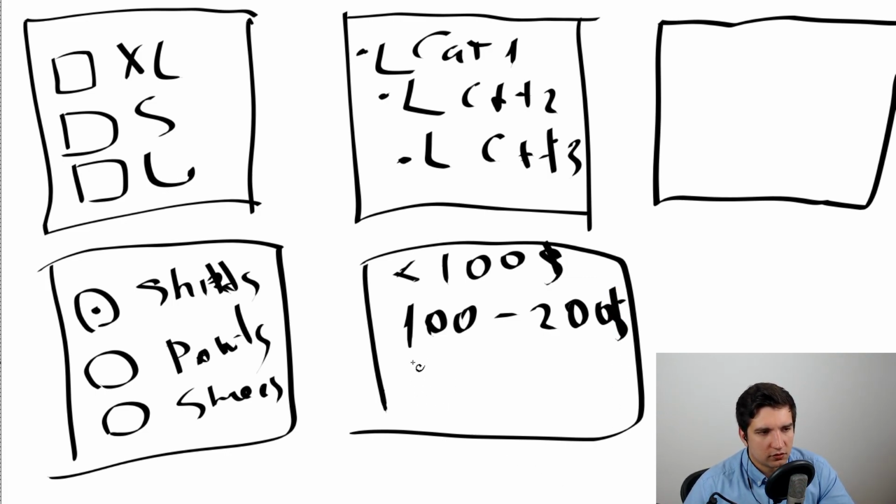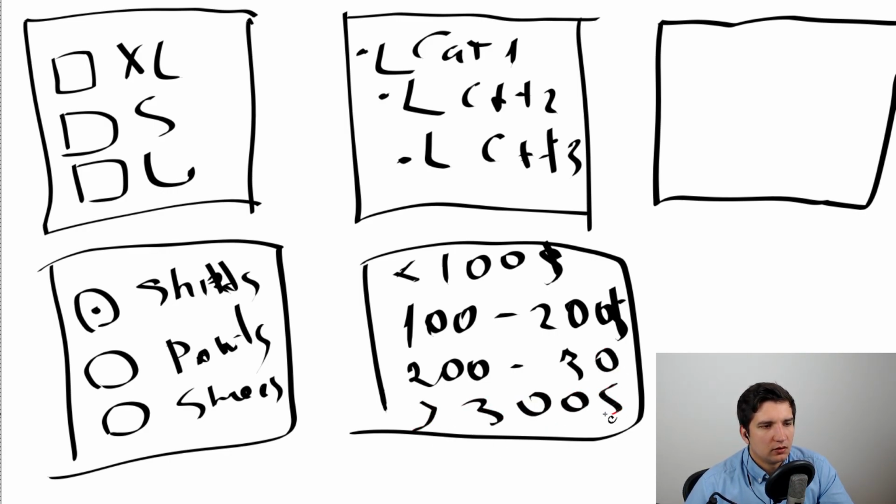Those kind of ranges, right? And we also have 200, 300, and let's say more than 300. So this is price range, and here, for instance, we can also have another kind, so this is price brackets, where let's say I have prices as brackets for specific values.